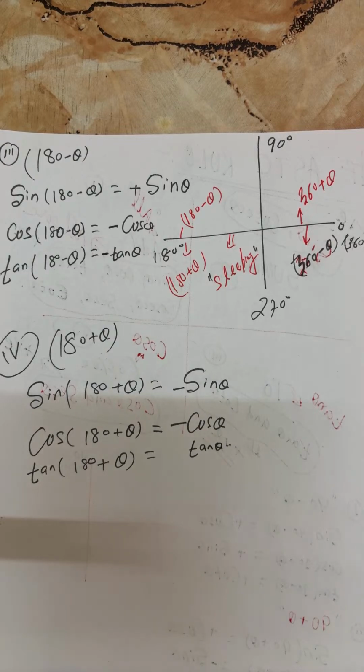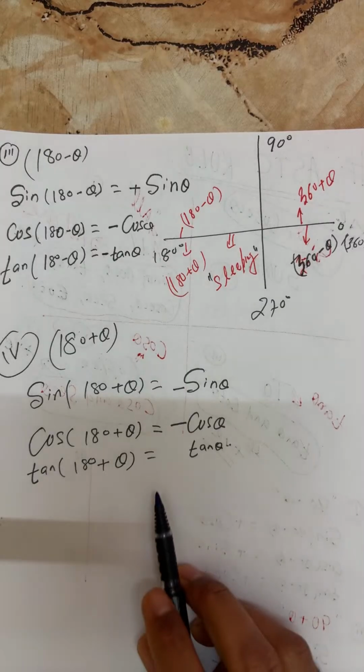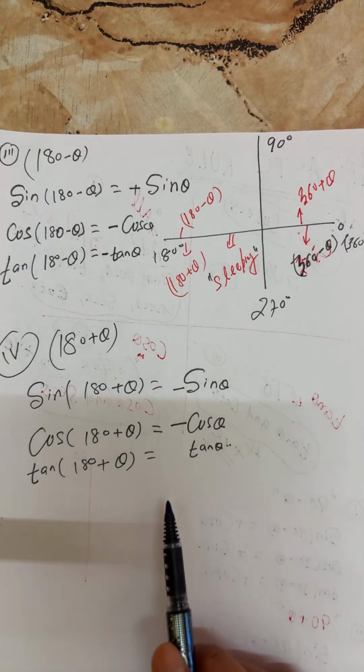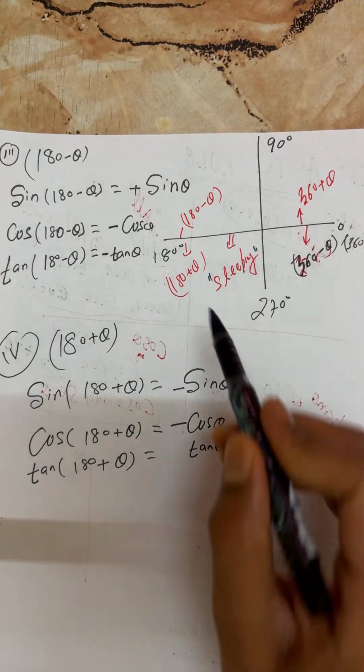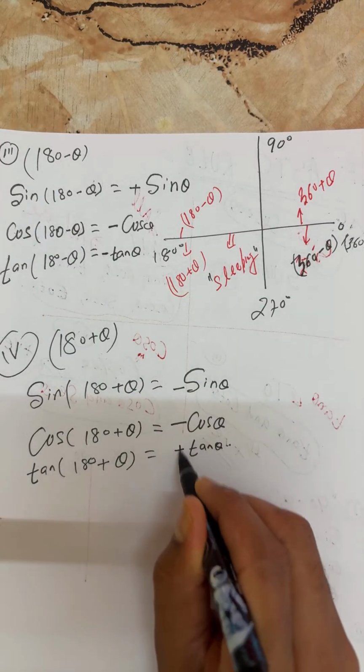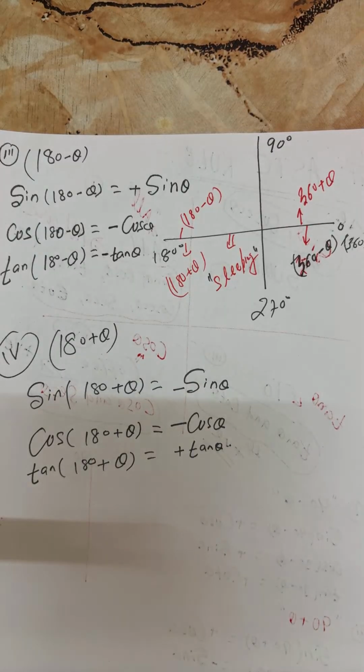So tell me, for the sign, what is the condition? Plus only, because 180 plus means you are in the third quadrant. In the third quadrant, tan will be positive. So you can write plus tan theta.